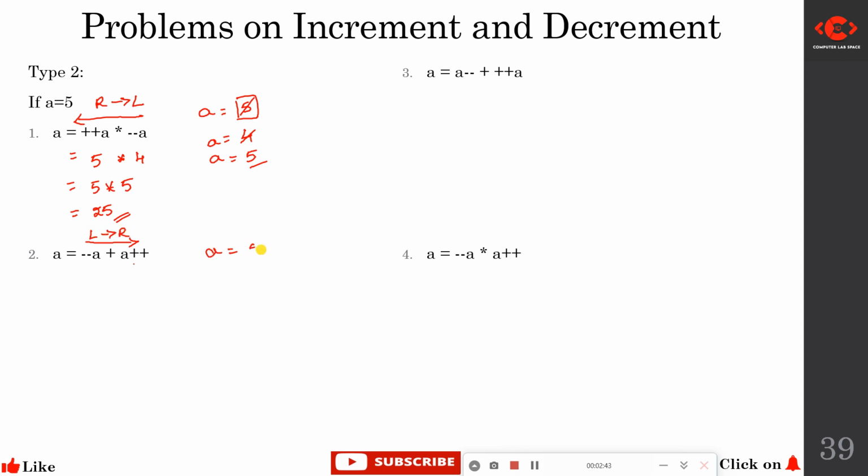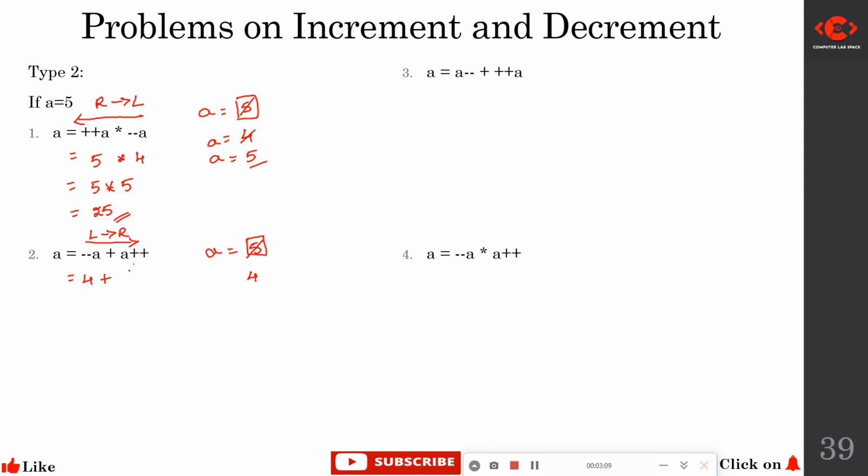So A value is equal to 5, and since we are going to solve it from left to right, we need to solve first the pre-decrement. So pre-decrement, the value of 5 is going to become 4. So 4 you are going to put here, plus A plus plus.